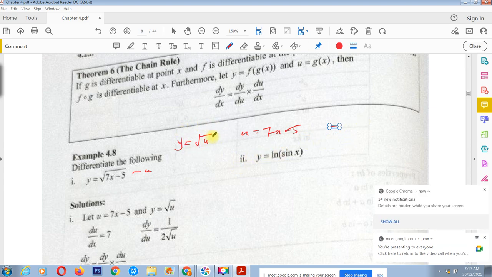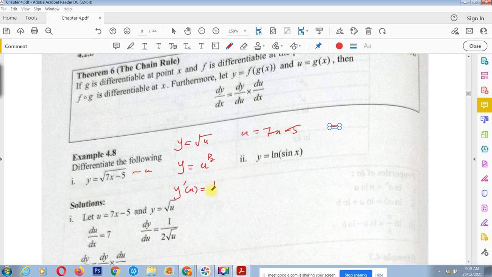With this function, it's easier to deal. So y equals the square root of u; we have not differentiated yet, we just simplified the function. Now we differentiate this with respect to u. We will get 1 over 2 times u to the power of 1 over 2 minus 1.